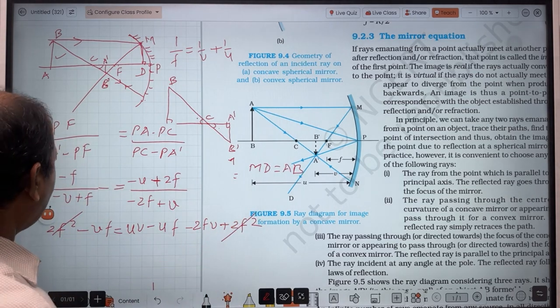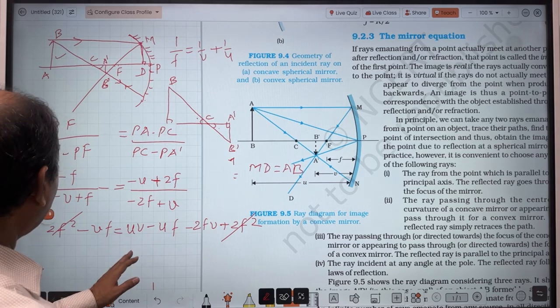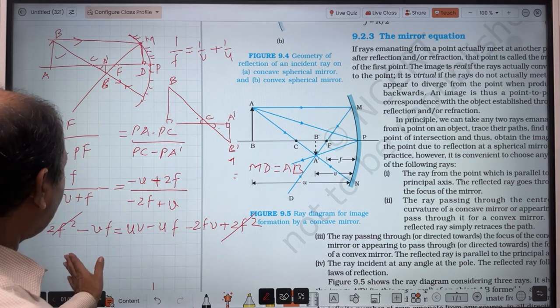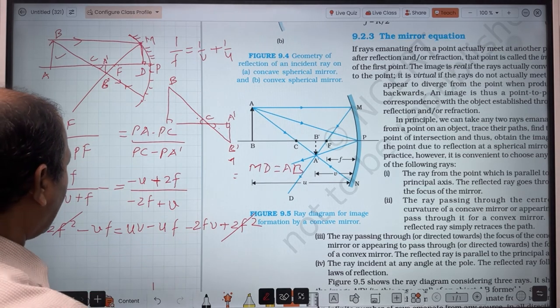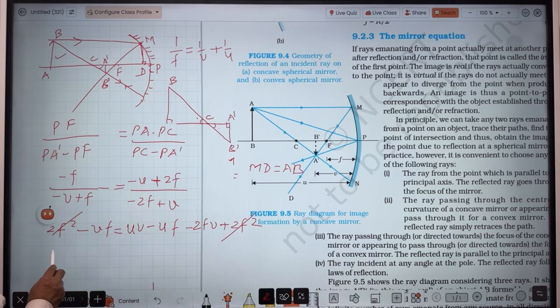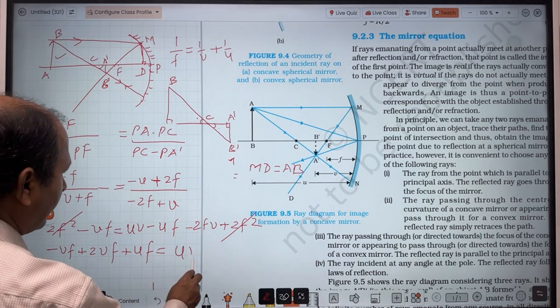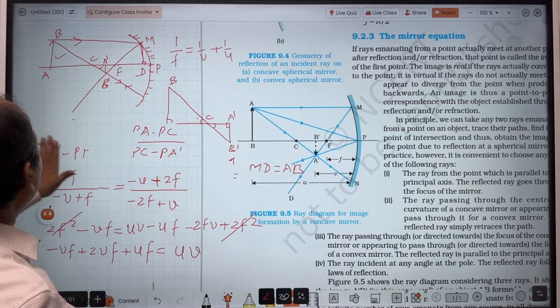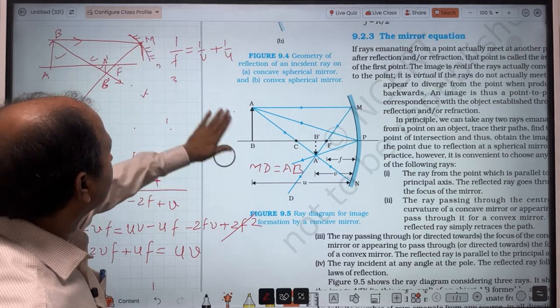So 2f square will cancel out, and then we can do one thing. All negative terms we can shift to the LHS. So this is minus vf plus 2vf, right? And then this plus uf equal to uv, correct? So what do we get?